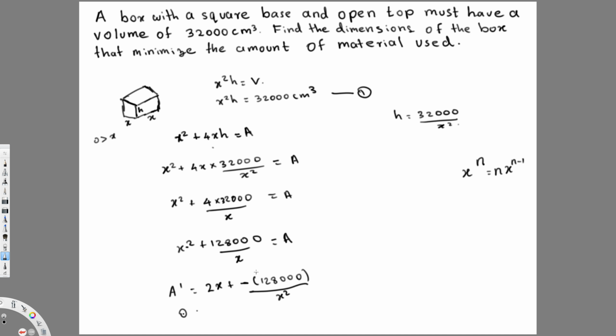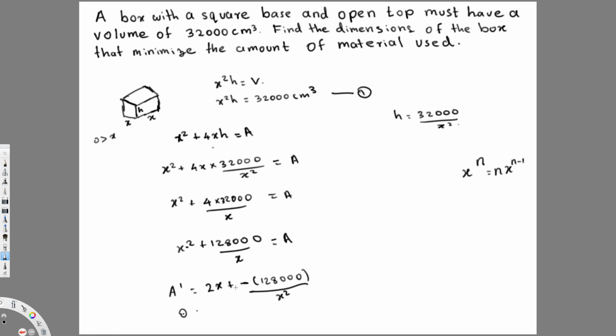The derivative does not exist when we divide by 0, so it would be one of my critical numbers, but it's not in the domain, because our dimension should always be greater than 0. Therefore, we shouldn't take that.